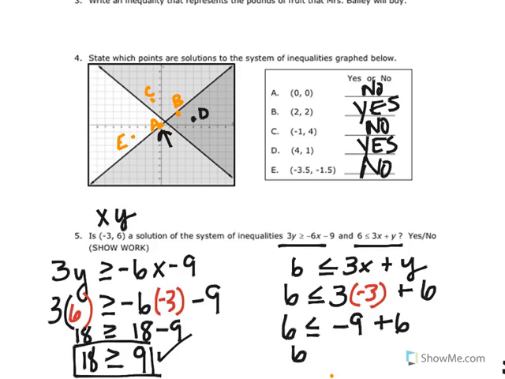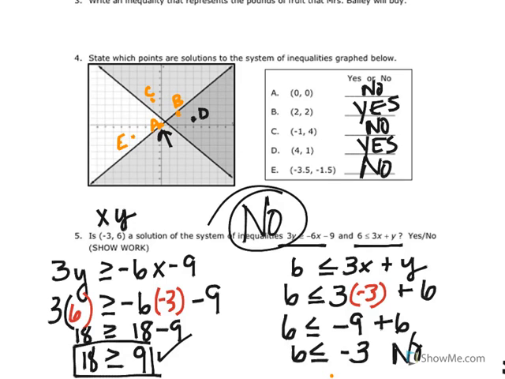So we have 6 is less than or equal to negative 9 plus 6, which is negative 3. So does that work? Is 6 less than negative 3? No, that does not work. So no, it's not a solution. This number is not a solution for that system of inequalities.